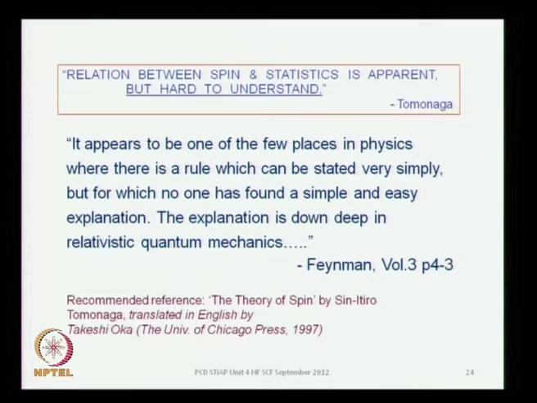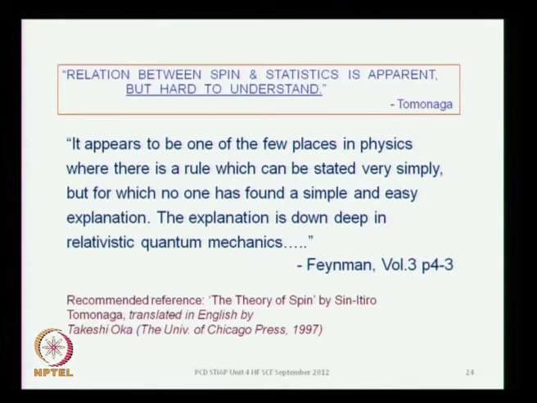You can say very simply that, okay, if the particles are half integer spins, they observe Fermi Dirac statistics. If they are integer spins, they observe Bose-Einstein statistics. But to get to the bottom of this issue, why this, one really needs to get into relativistic quantum mechanics in a fairly comprehensive way, and that is a challenging topic by itself, but I will recommend Tomonaga's book for this, The Theory of Spin.